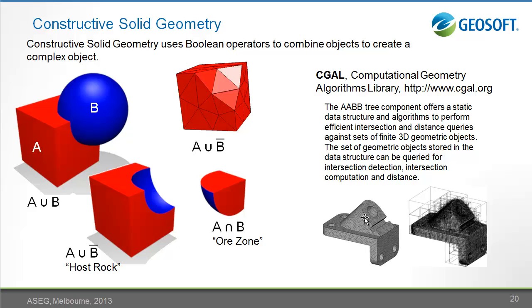In this case, the process of forming bodies for manufacturing is shown here, and this is what's called the AABB, the axis aligned bounding box method for determining whether objects are cut by other objects. So there's a lot of work that's gone in this area, and we're able to leverage that for our inversion work.